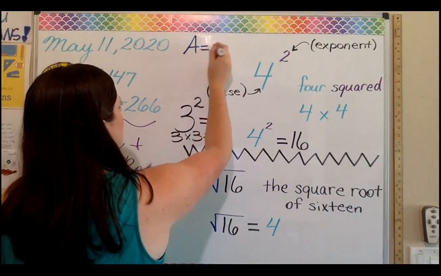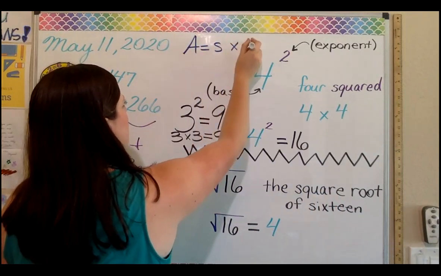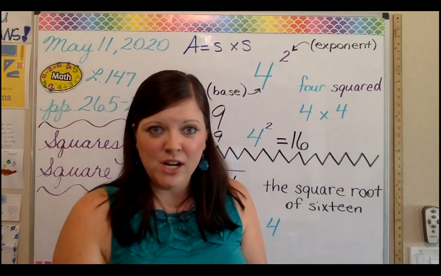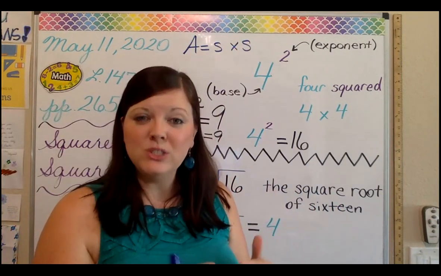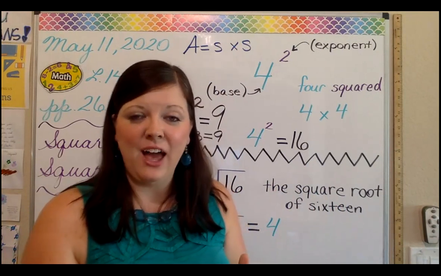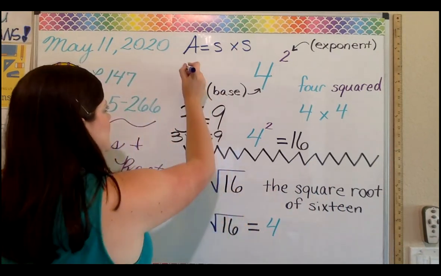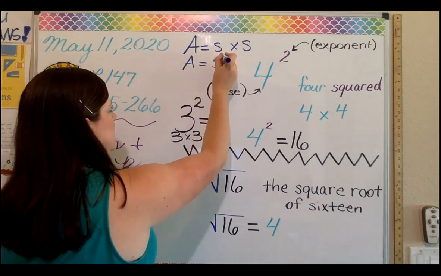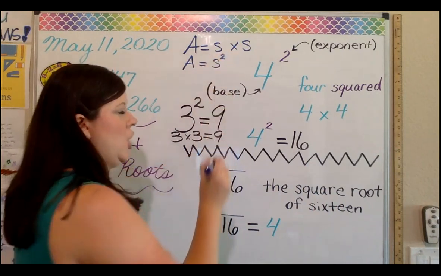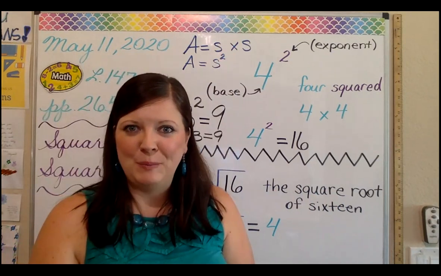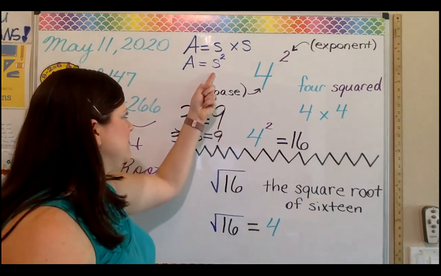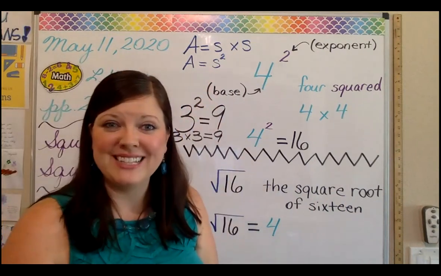A equals S times S. Now that we've learned about squared, and squared means to multiply by itself, we could write it like this. Area equals S squared. Squared means we would take the side and multiply it by itself.